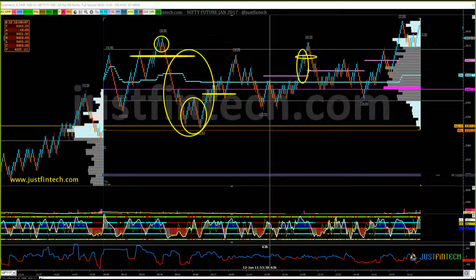So when I don't get impulsive moves during the day, there is a higher probability that I will not be able to enter a trade. And there's no harm in not being able to get into a trade. It's better to not get into a trade rather than just losing on some confused trade setups.